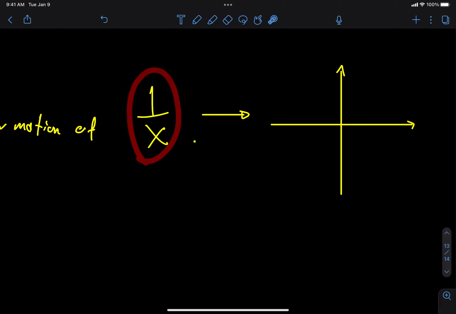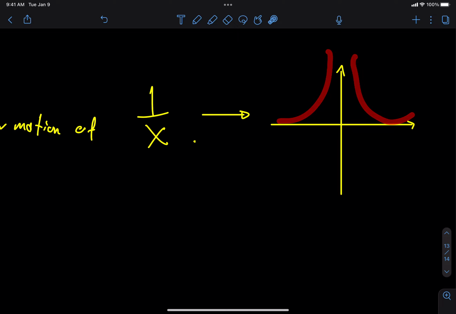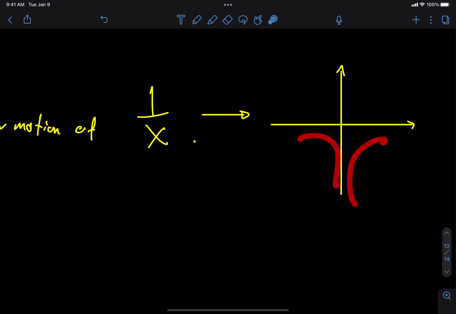So we know that we have some kind of weird behavior going on near the line x equals 0, which is a vertical line. And you can check whether it looks like this, or this, or this, or this.